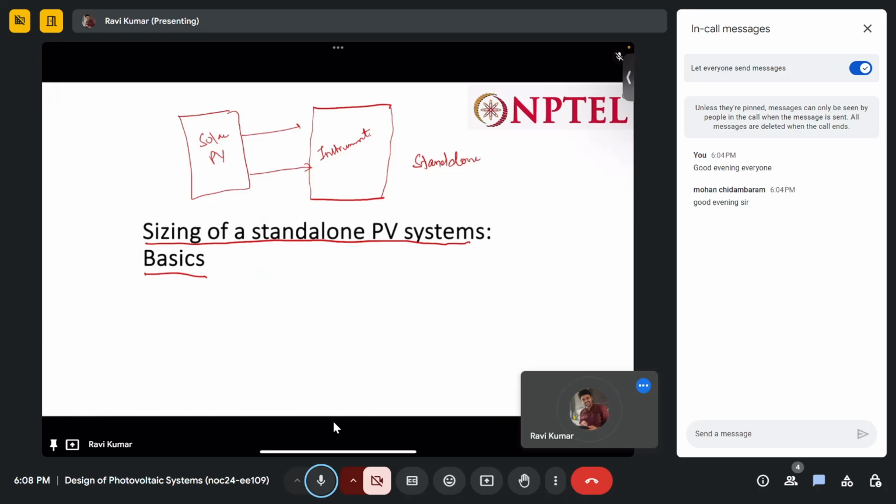It means no grid connection. Here the grid connection is not available. That's why we are saying it is a standalone PV system.